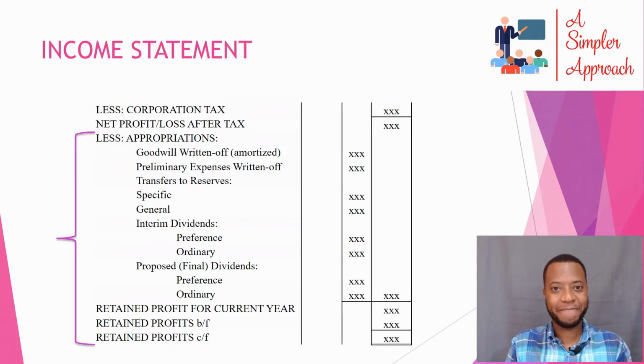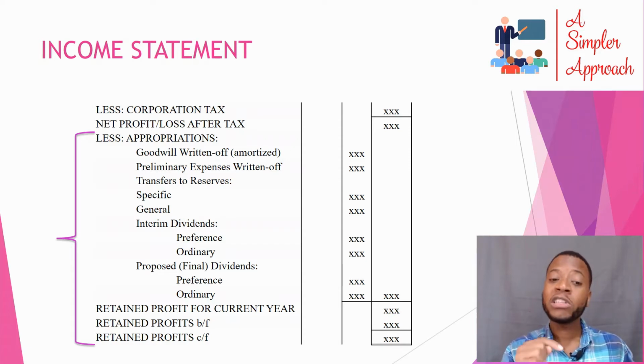All right, cool. So we have goodwill, preliminary expenses, transfer to reserves, interim dividends, or proposed dividends, whether it is preference or ordinary. All right, after you have taken care of all of those things, add them together, subtract it from the net profit or loss after taxation, and you will get retained profit for current year, meaning the profit that is left for this year.